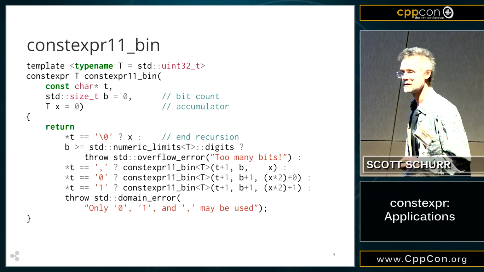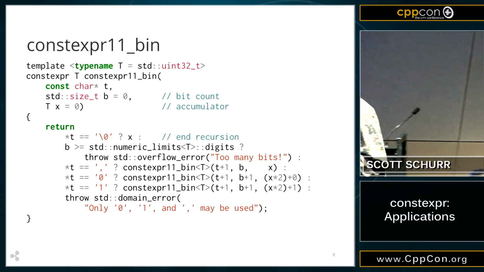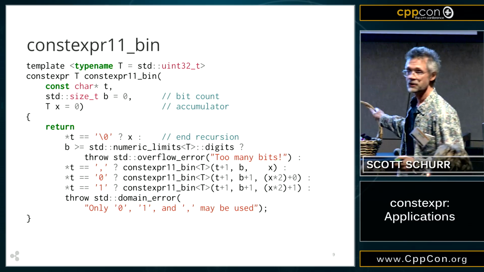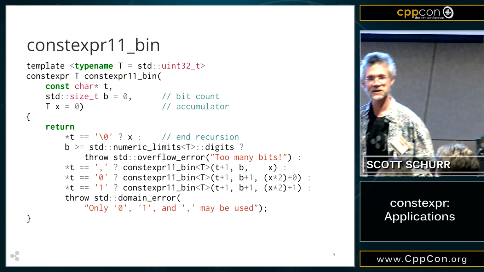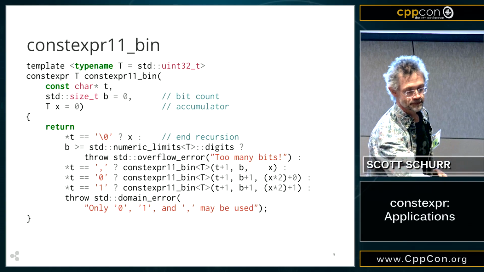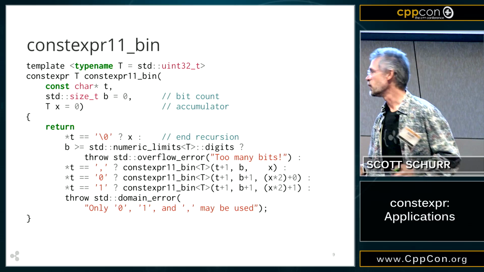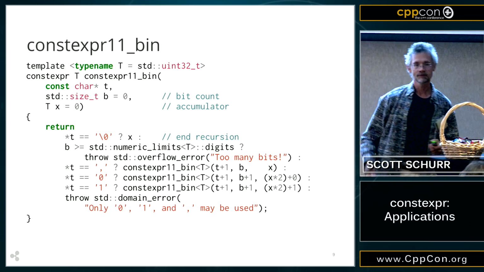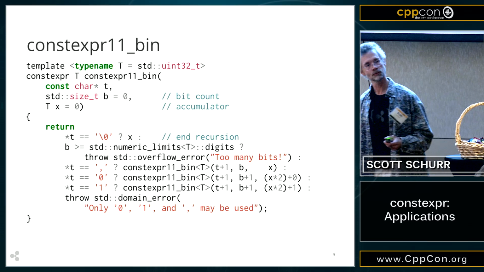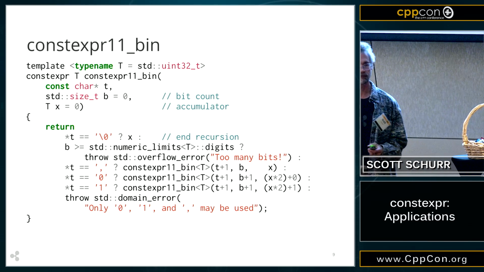Yes? Quick question. The meaning of throw in a constexpr function? Okay, this is great. So thank you. The question was, what is the meaning of throw in a constexpr function? And there are actually two answers to that question.